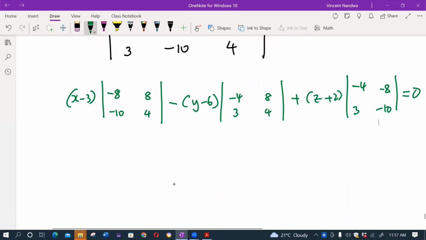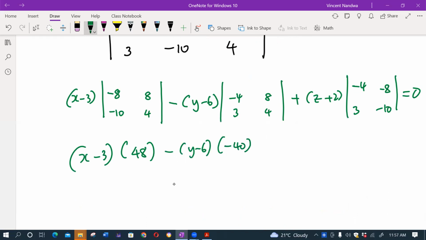So we get x minus 3, then the determinant here would be 48, minus (y minus 6), the determinant here would be -40, plus (z plus 2), the determinant here would be 64, equals 0.